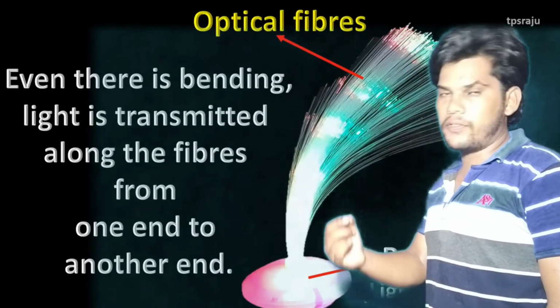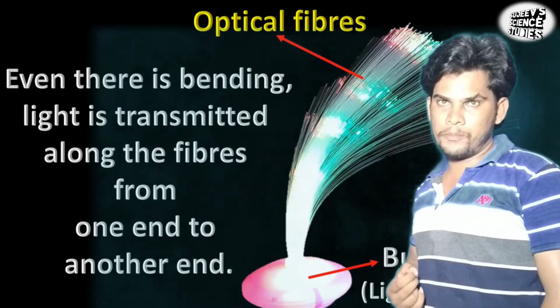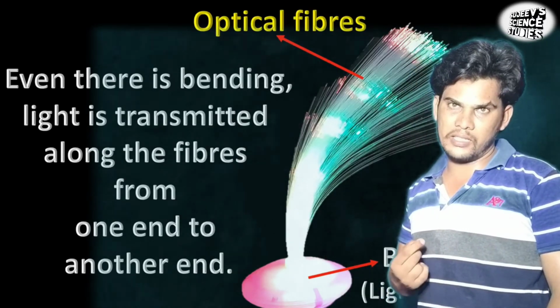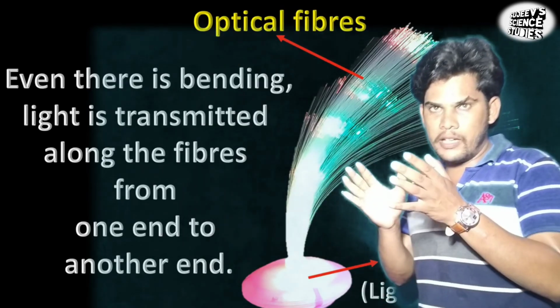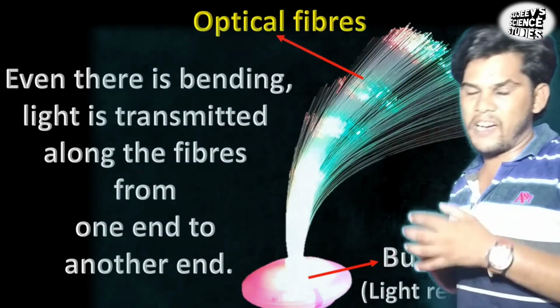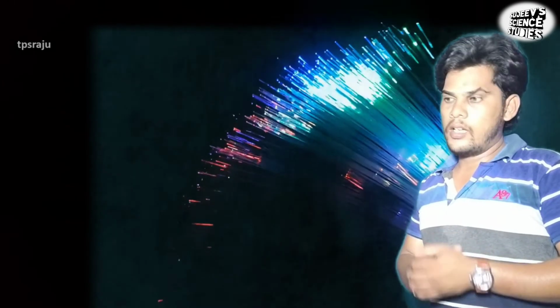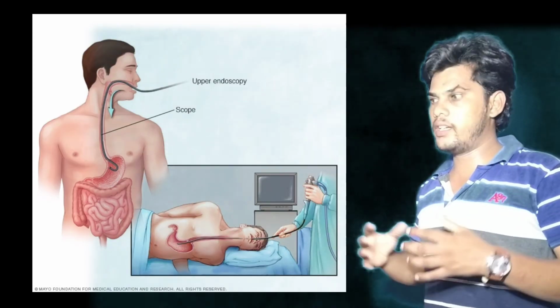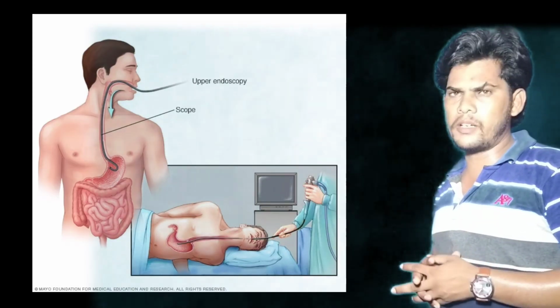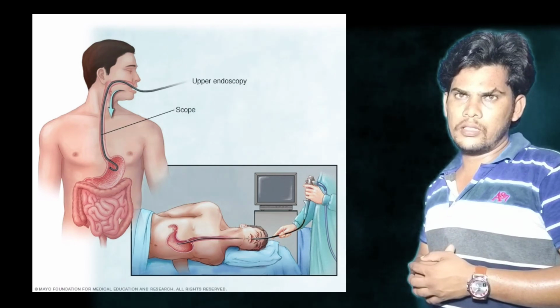These optic fibers are made of very thin glass or plastic wires. A bunch of the wires forms an optic fiber, a big optic pipe. Signals or light pass through this optic fiber. Nowadays, optic fiber is very useful.